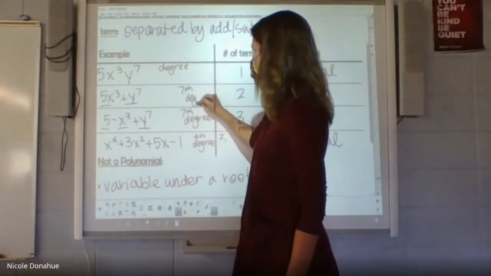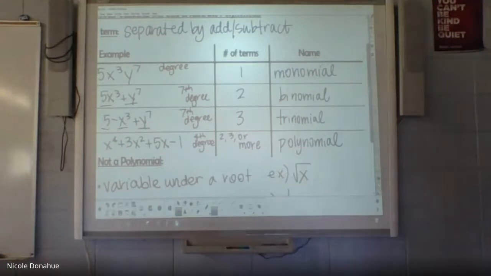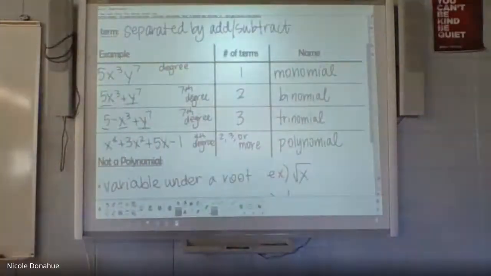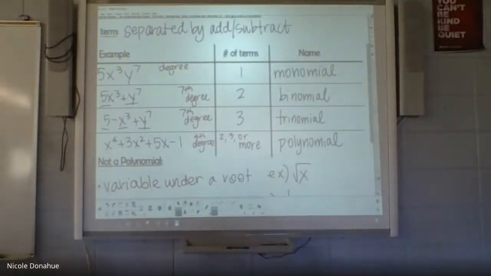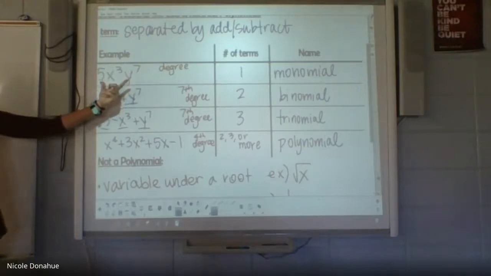Now, this one's a little bit tricky, and that's why I waited to do it last. It's only one term, but there are 2 variables. The degree is the highest exponents on the variables among all the terms. So there's a 7, but in this same term we also have a 3.